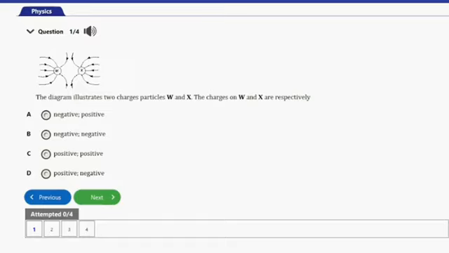As well, these 2 charges are like charges since they repel each other, so both of the charges are negative, negative. And that's it for this question.